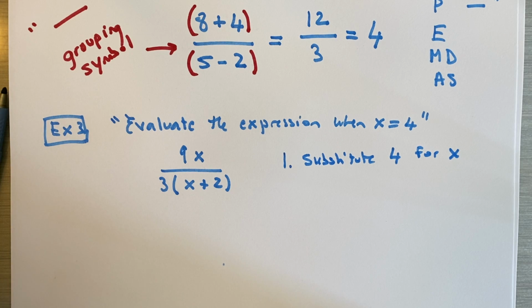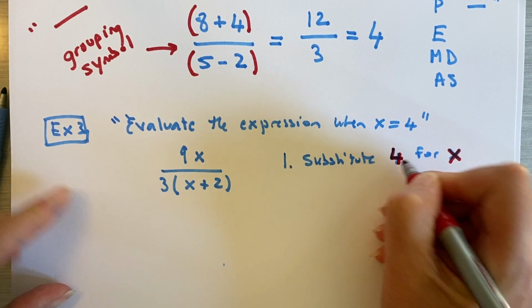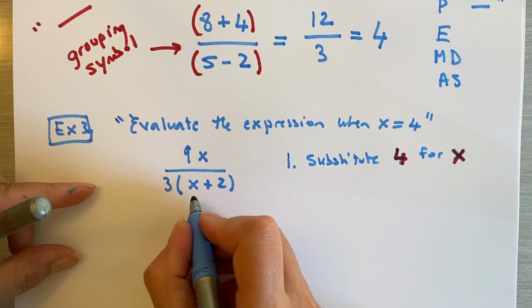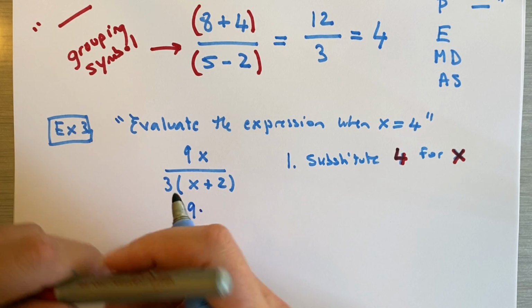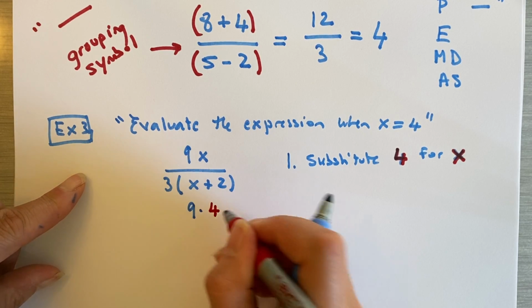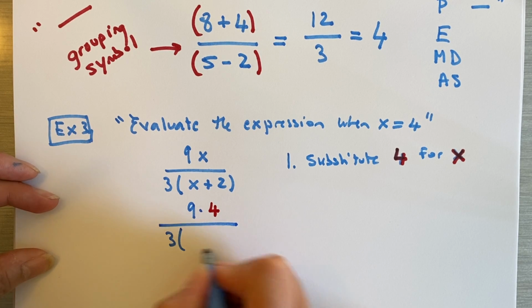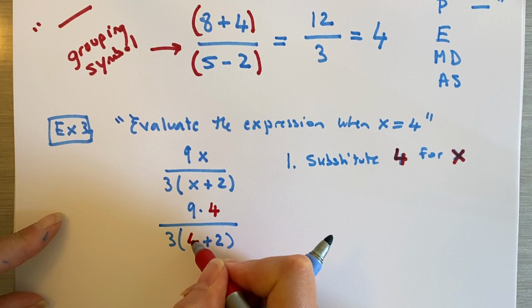Okay, so whenever you see x, you're going to put in a 4. So your first step is to do this: 9 times 4, and on the bottom, 3 times 4 plus 2.